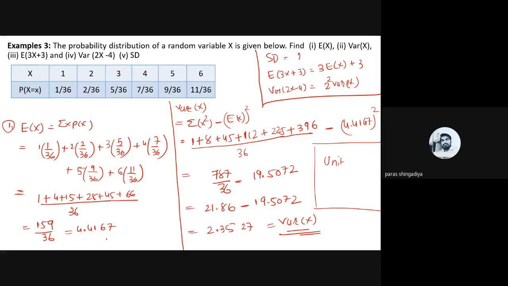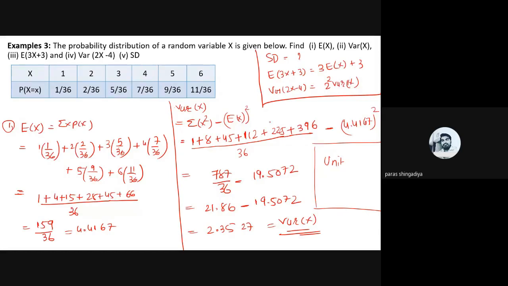The denominator is as it is, 36. So we get 1, 12, 45, 112, 225 and 396. That is X square with its P of X, minus E of X whole square. The total of the first part is 787 divided by 36, minus the square of 4.4167. The final answer is 2.3527. That is the variance of X.